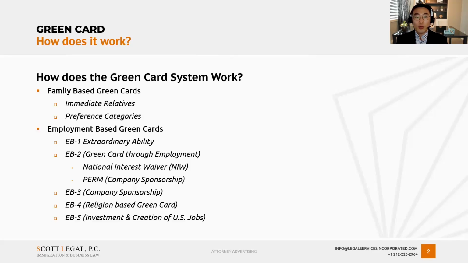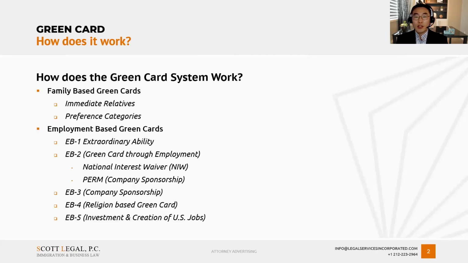For more detailed information, you may look at the Department of State's visa bulletin. But a couple of good examples for these subcategories are spouse of U.S. permanent resident and brothers and sisters of U.S. citizens.